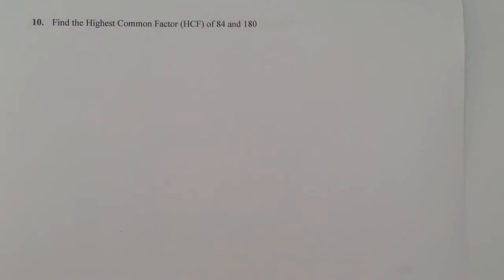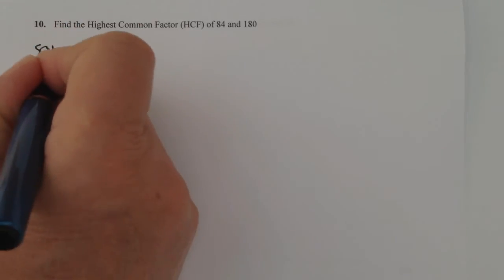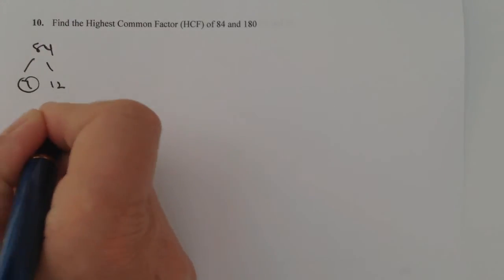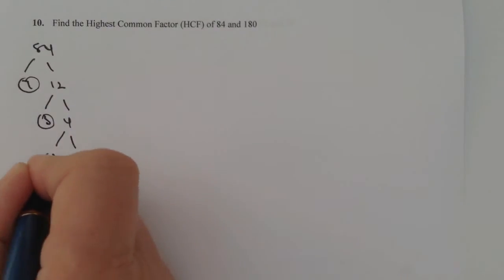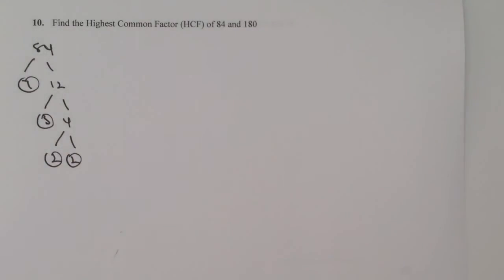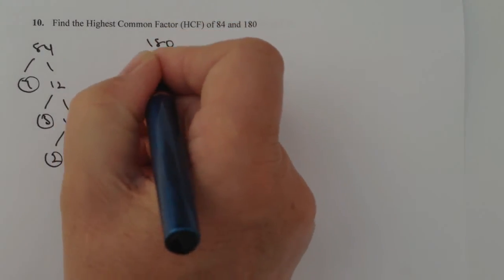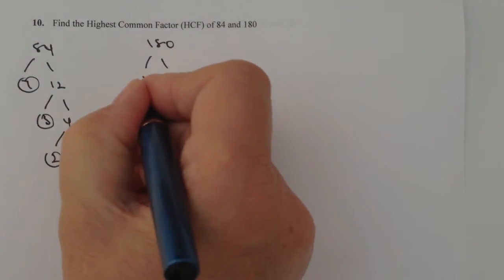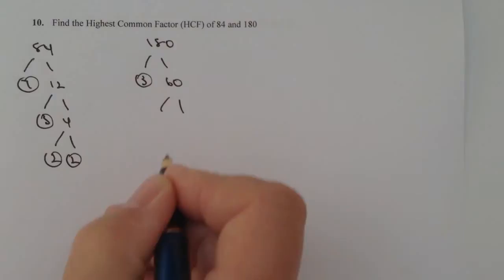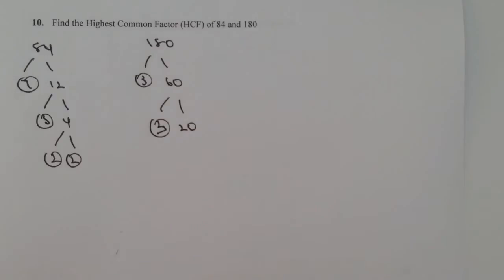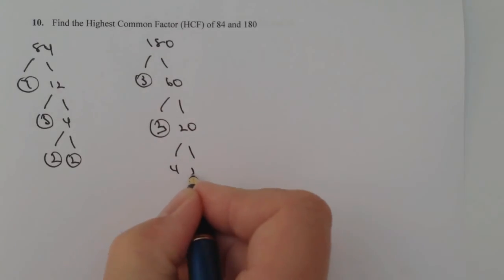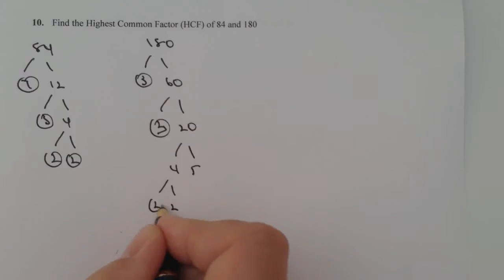Got a little bit more room on this particular paper, so I've got 84, well that's 7 and 12. 12's no good to me, 3 and 4, 4 isn't, so that becomes 2 and 2.